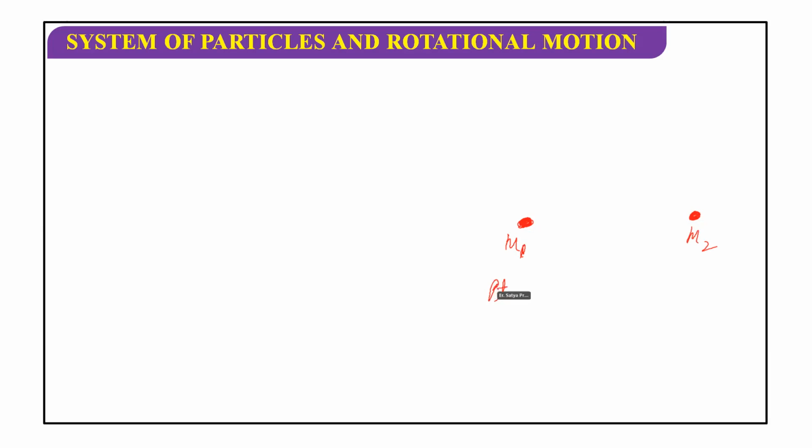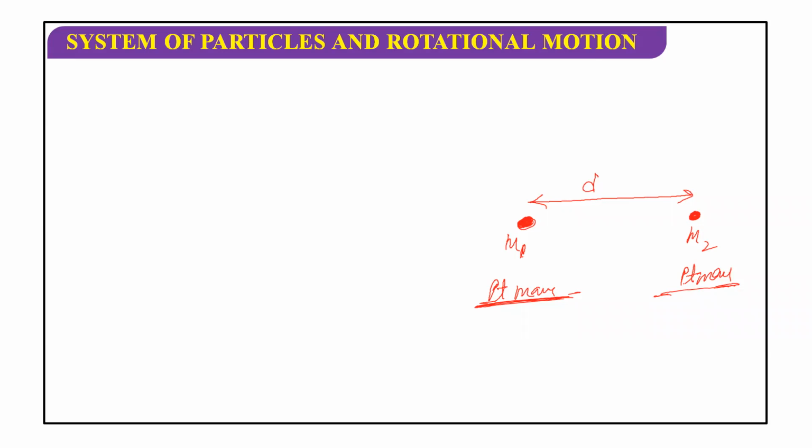What is the meaning of point mass? How will we say it is a point mass? Tell me. The point mass is with respect to distance. Suppose the distance between them is d. If the distance between them is d and d is very high with respect to the dimension of M1 and M2, then M1 and M2 will start behaving like point masses.